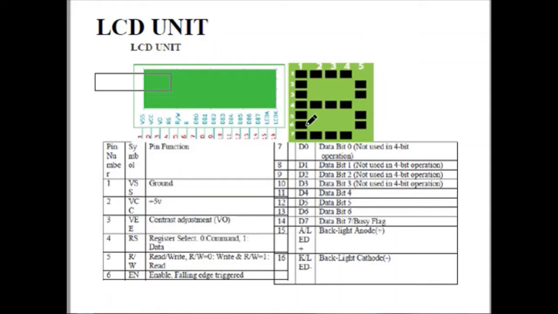The LCD has 16 pins, which you can read here, starting from VSS, followed by VCC, then VEE, and so on up to the last, the 16th pin, KLED. The first one is ground, the second one is VCC, so ground and VCC will be connected, and the third one is VEE, which is connected to the internal port.